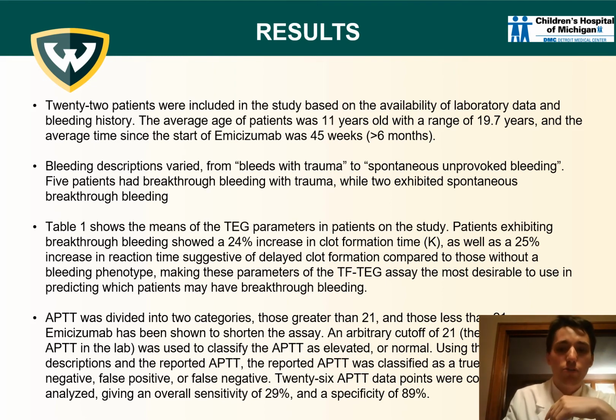And from that, we were able to derive the overall sensitivity and specificity of APTT. We found that the overall sensitivity was 29%, which is very low, which we use to rule in diseases. And the specificity is 89%, which is decent for ruling out disease. So APTT is still a decent test, but it's not the most sensitive.